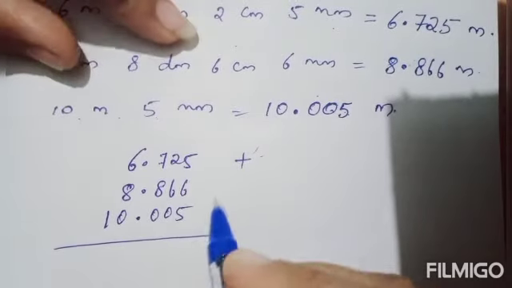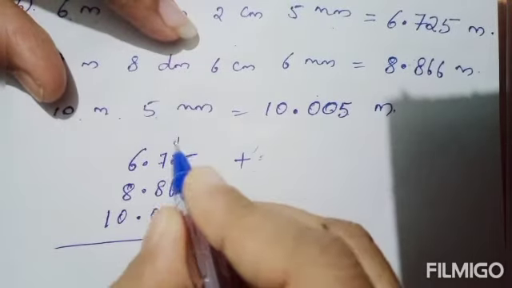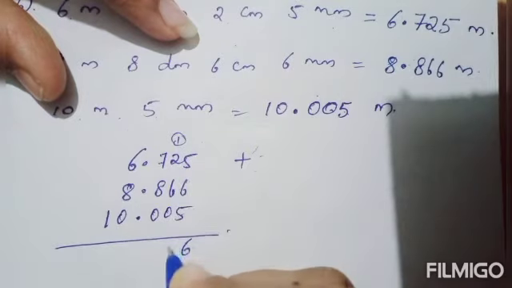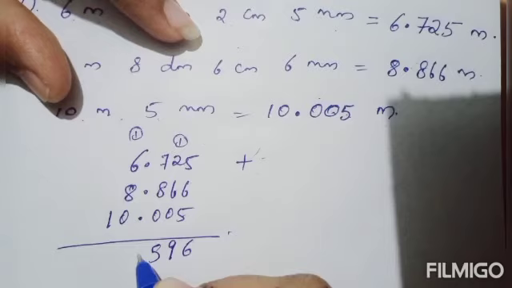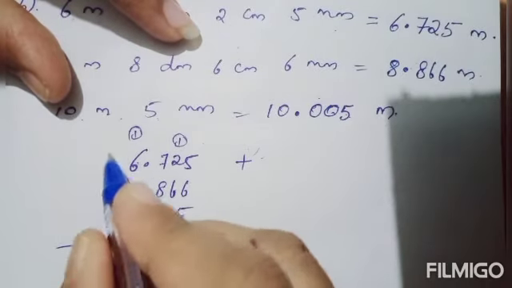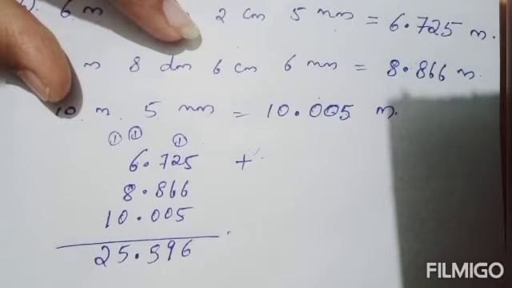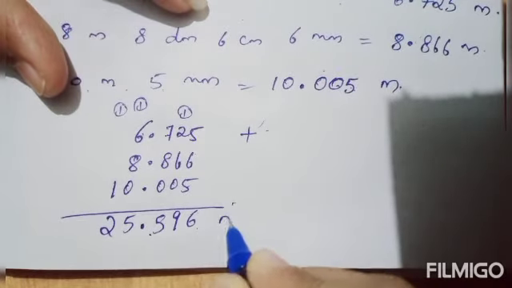You can add. Okay. So 5 plus 5, 10, plus 6, 16. 6 plus 2, 8, plus 1, 9. 8 plus 7, 15. Here the decimal point will come. 8 plus 6, 14, plus 1, 15. 1 plus 1, 2. So the answer is 25.596 meter.